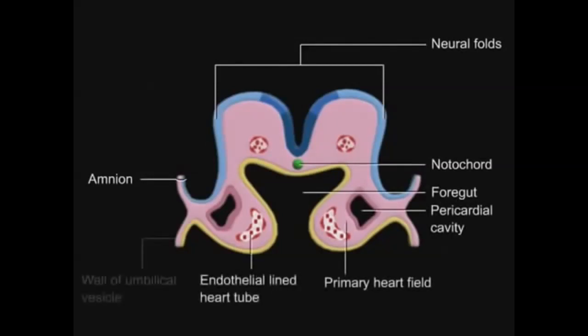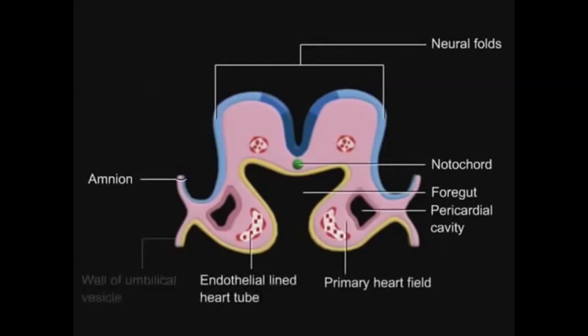Let us try to find all structures. This green is the chord, or notochord, which takes part in forming the spinal skeleton and the skeleton of the head, the skull.